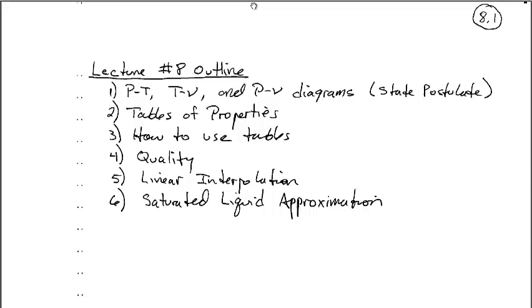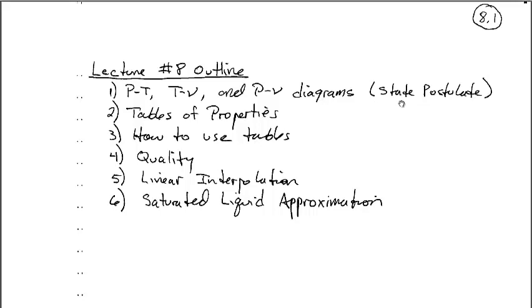And of course, we're going to put a lot of the concepts that you need to know in this video lecture, but then do examples for you in class so that you get a chance to actually see how this material is applied and used in thermodynamics. So the quick outline is that we're basically going to go over the pressure temperature phase diagram, temperature specific volume phase diagram, and pressure specific volume phase diagrams.